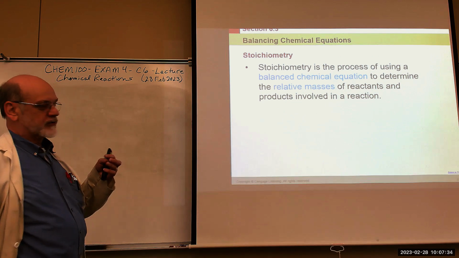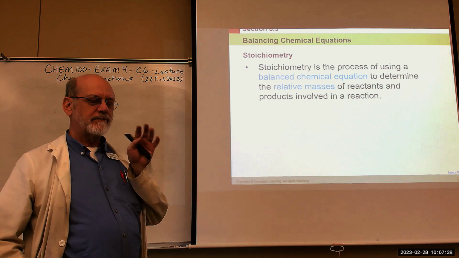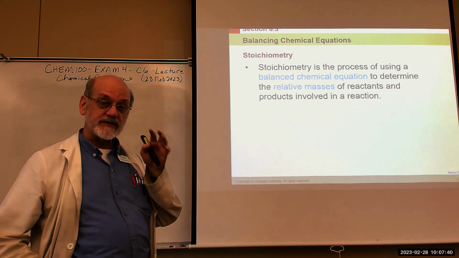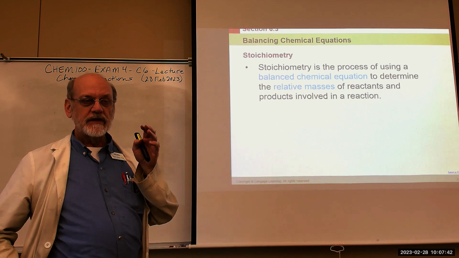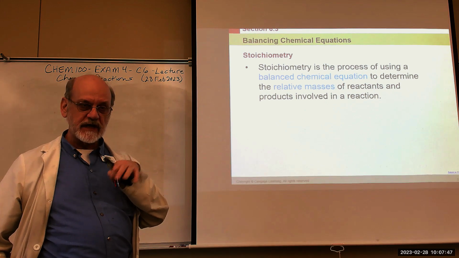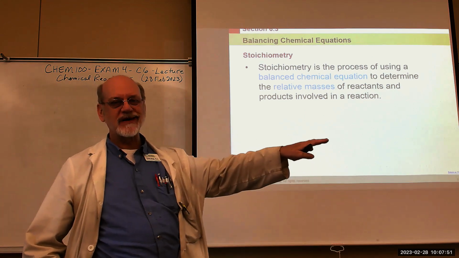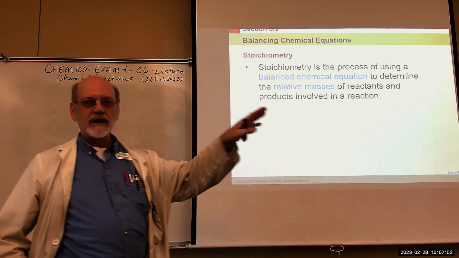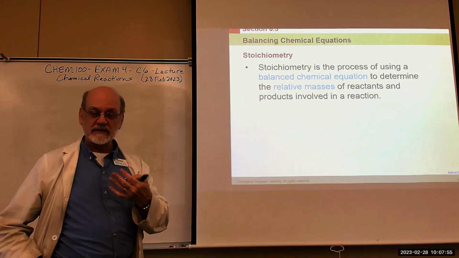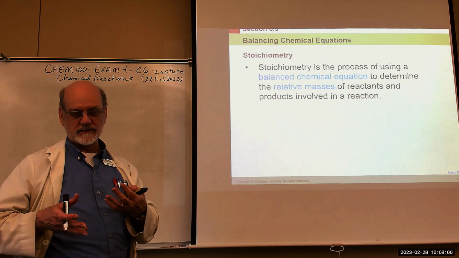So what is stoichiometry? Well, what it means is that once we've balanced an equation, the equation tells us the number of atoms of each element that goes into reactants and ends up in products. But we don't have any equipment in the lab that will measure in numbers of atoms.